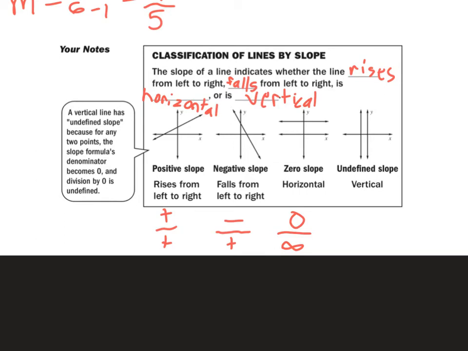And with undefined slope, you have a rise with no run at all. So that's why vertical slope is undefined. Okay? So you get 0 on the bottom, that is a vertical line. You get 0 on the top of your slope, that is a horizontal line.